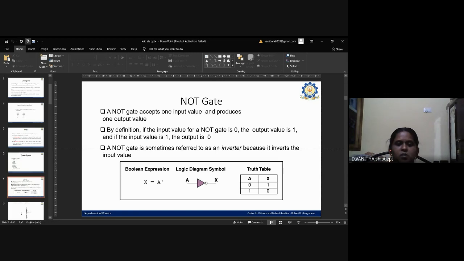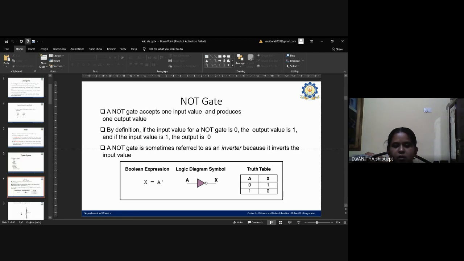The NOT gate accepts one input value and produces one output value. By definition, if the output of the NOT gate is 1, the input value is 0. So if the input is 1, the output is equal to 0.